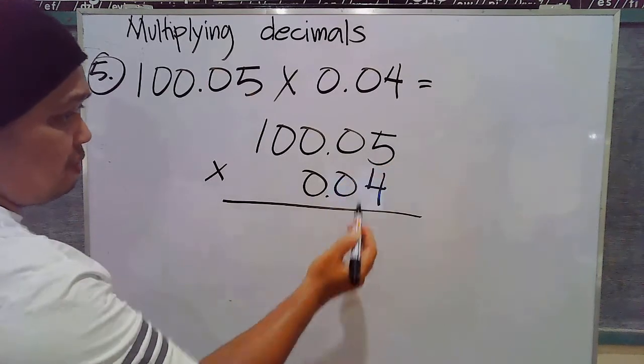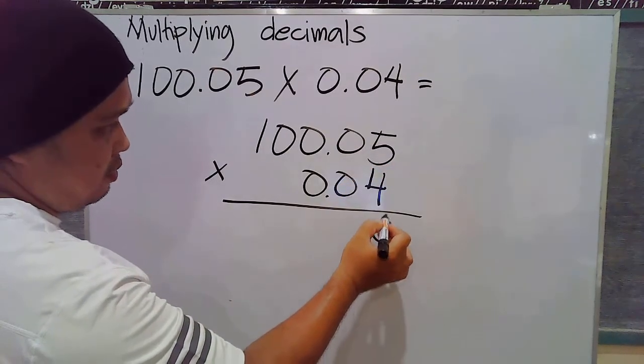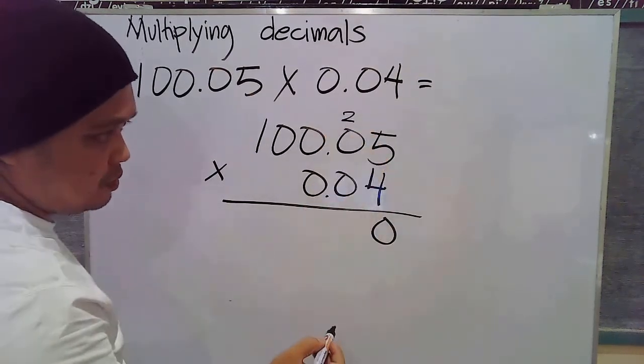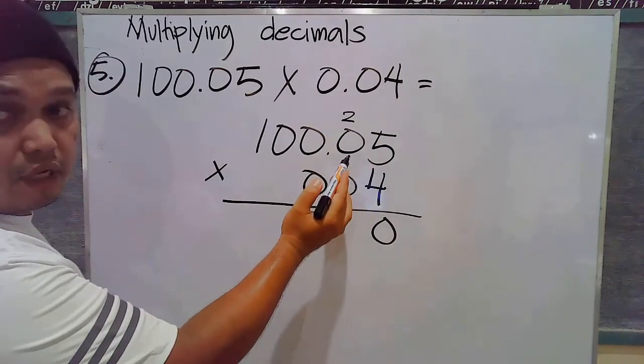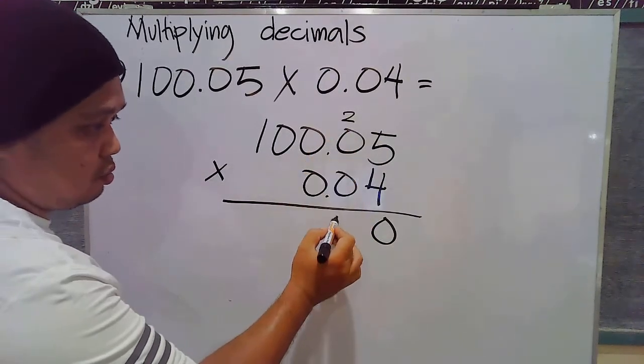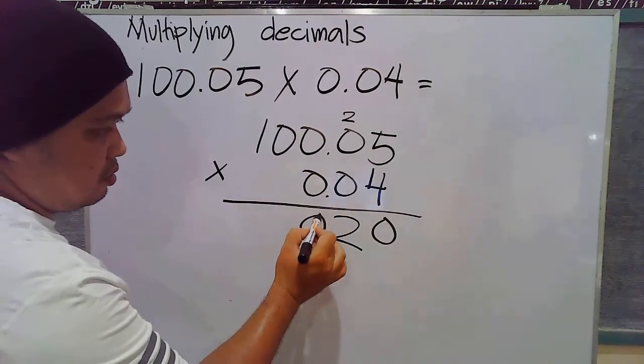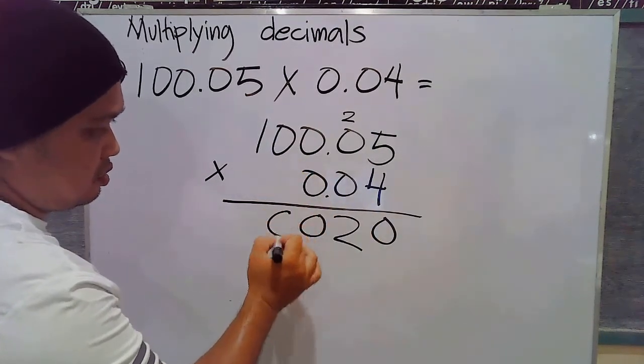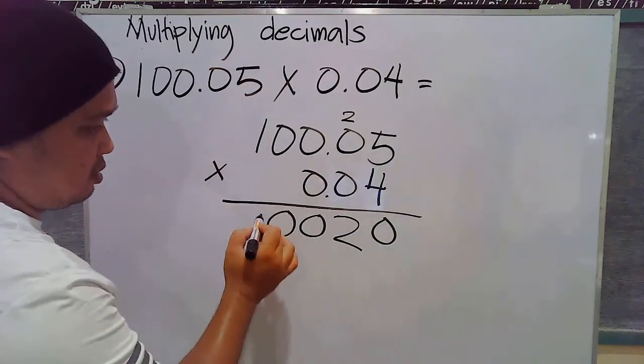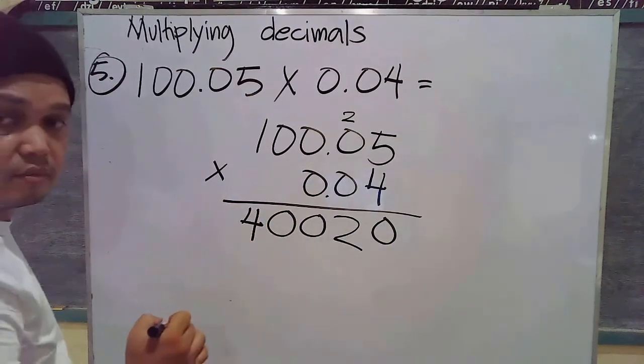4 times 5 is 20. 0 carry 2. 4 times 0 is 0. Plus 2 is 2. Next, 4 times 0 is 0. 4 times 0 is 0. 4 times 1 is 4. Okay.